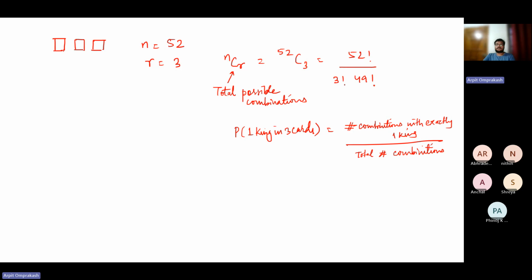Right. So we have the total number of combinations, which is 52C3.